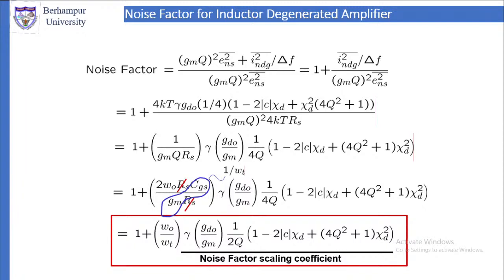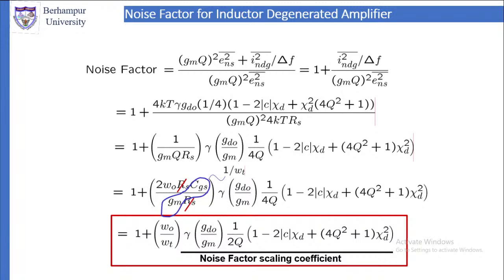Now put in the values of ENS squared and the variance of the NDG current by delta f. Then the noise factor is 1 plus 4kT gamma gd0 into 1 by 4 into (1 minus 2 absolute c ZD plus ZD squared into 4Q squared plus 1) divided by (gm Q) squared 4kT into RS.